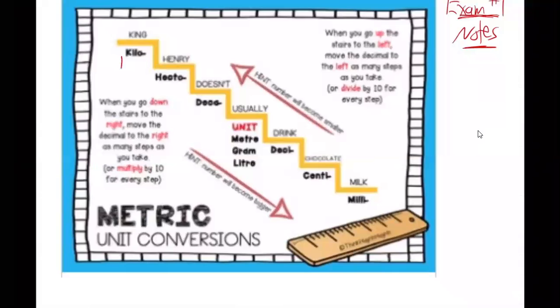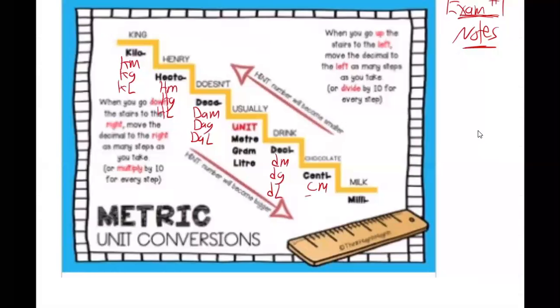Anyway, so this would be kilometer would be the abbreviation, or kilogram, or kiloliter. This could be hectometer, hectogram, hectoliter. This could be decameter and decagram and decaliter. This one down here is decimeter, decigram, deciliter.